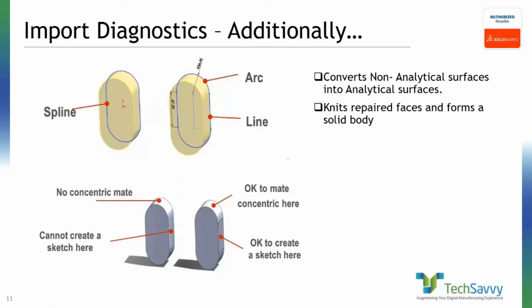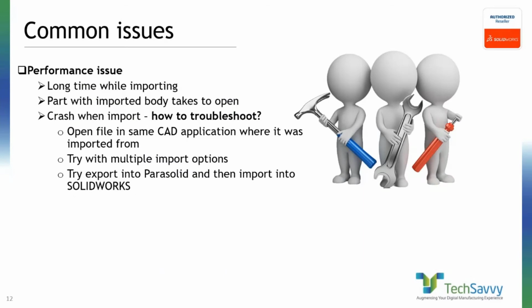As you see in the pictures, the left side image is more continuous in shape as compared to the right side. There is even a problem of concentric mate with non-analytical surfaces. So import diagnosis converts into analytical surfaces automatically when we diagnose the problem.